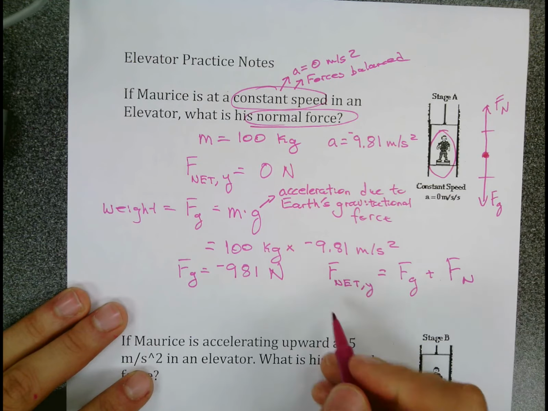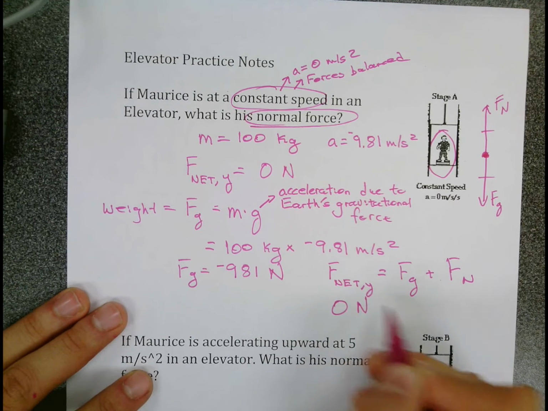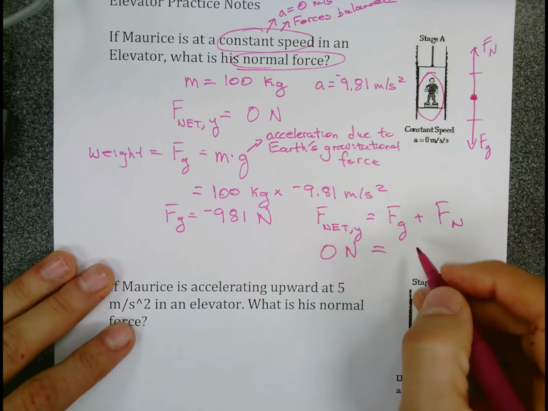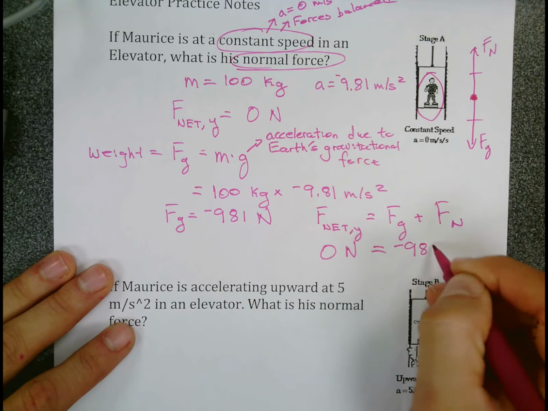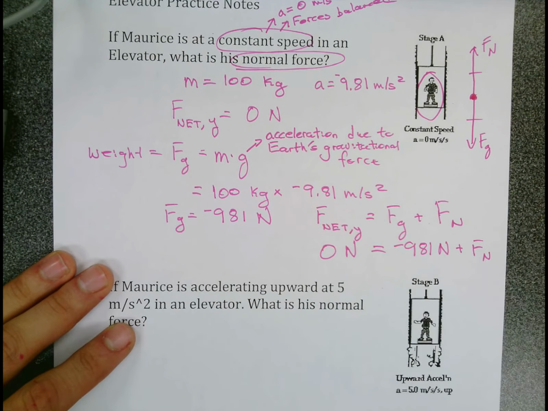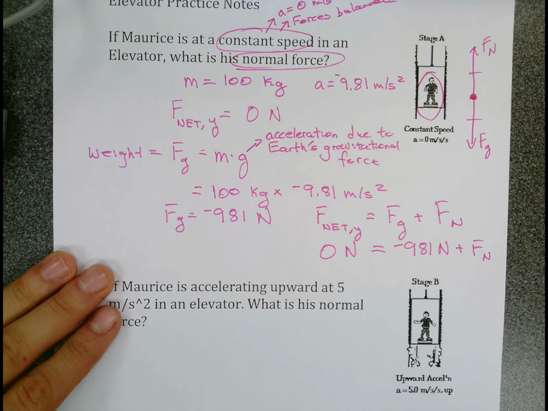So by plugging that in, 0 newtons is equal to minus 981 newtons plus Fn. We can solve for Fn by isolating Fn and moving everything away from it.